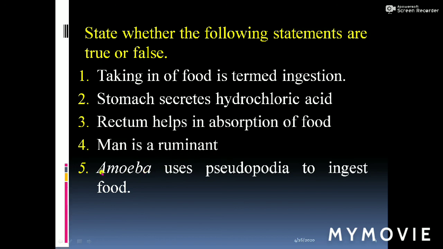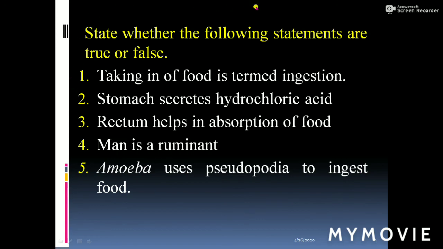Next is, man is ruminant. And number 5, amoeba uses pseudopodia to ingest the food. It means these are the questions that you have to do as homework. You are always asking what is homework.